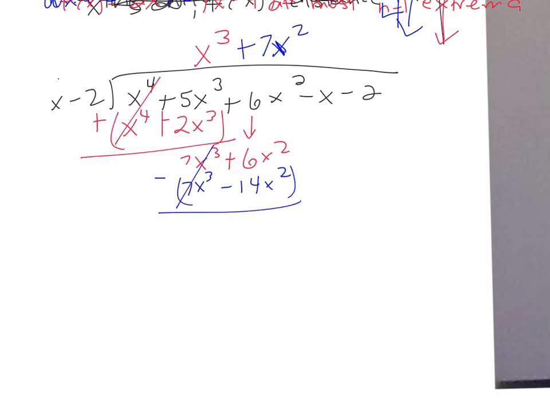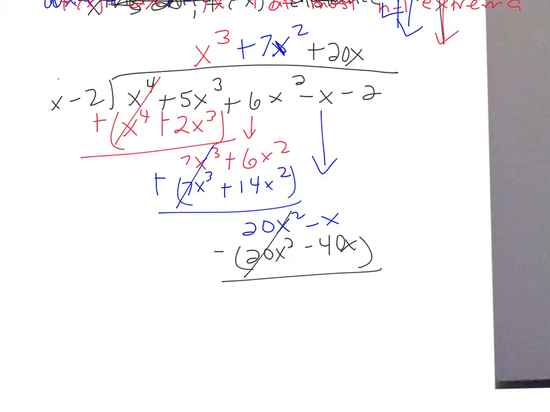Subtract. Those cancel, so we have plus plus. So we get 6x squared plus 14x squared is 20x squared. Bring down the minus x. And then x times what is 20x squared? That would be 20x. Multiply down, we get negative 40x and positive 20x squared. Subtract. The 20x squareds cancel. So I have negative x plus 40x is 39x.